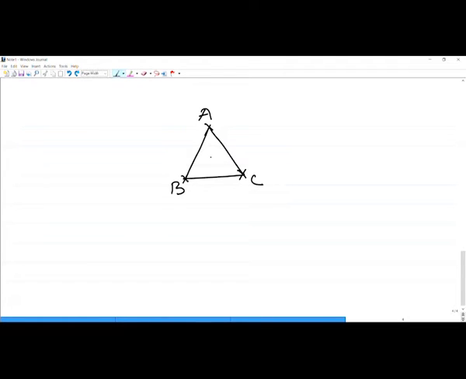Let us say for example, if the time the signal takes to reach sensor A is T1, and it is T2 and T3 for sensor B and C. Then if T1 is equal to T2 and T3, okay, then you know that the source is right at the center of this triangle, because all the three sensors are receiving the signal at the same time.